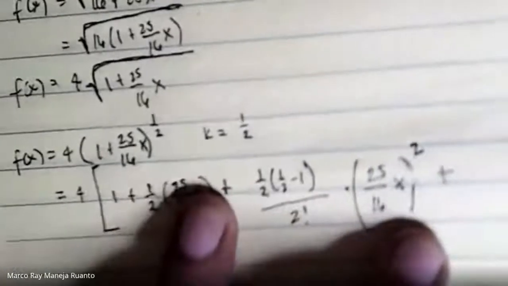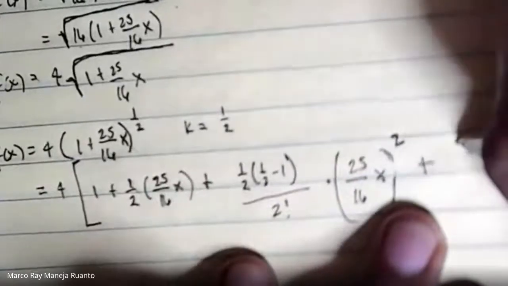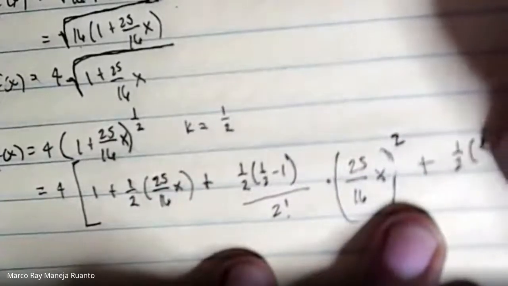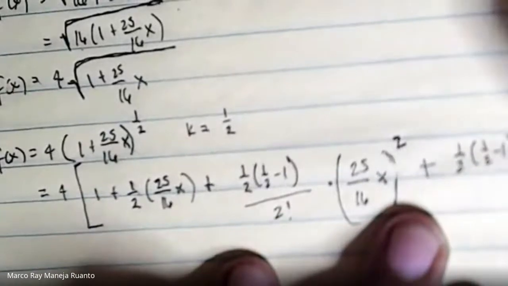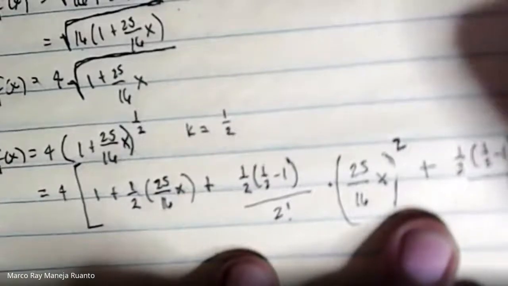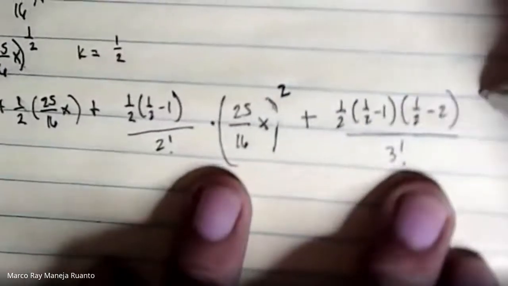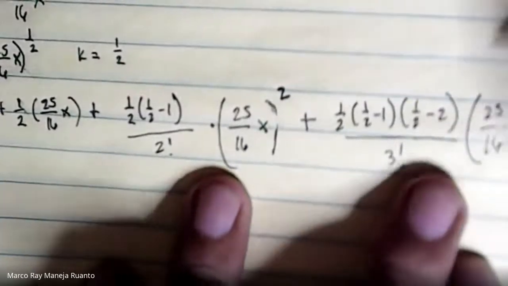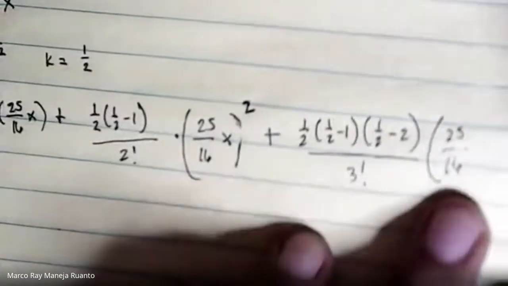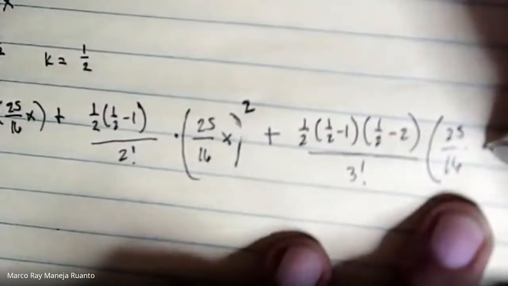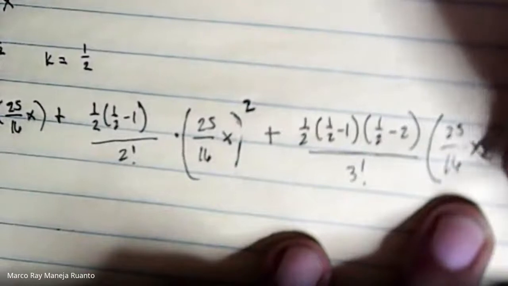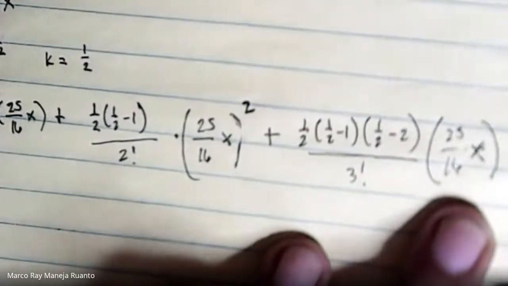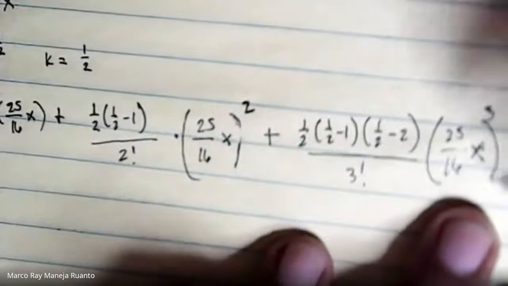So the fourth term is plus 1/2 times 1/2 minus 1 times 1/2 minus 2 over 3 factorial times 25 over 16 x to the power of 3.